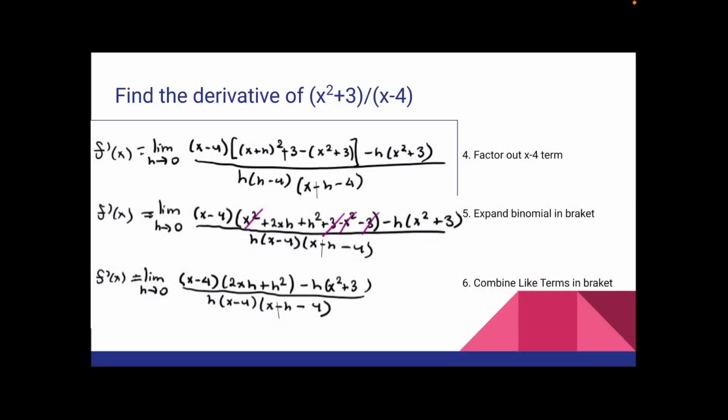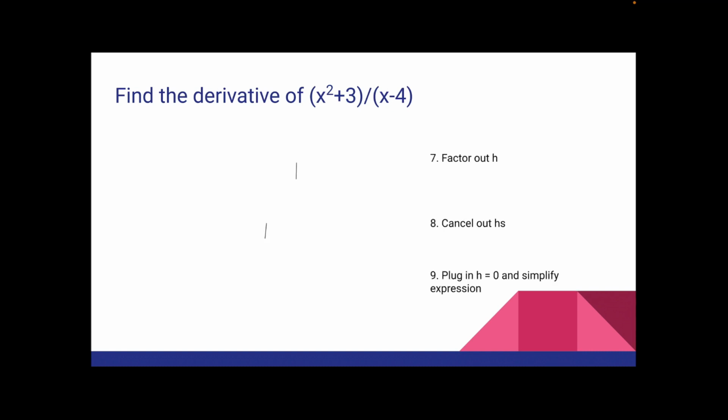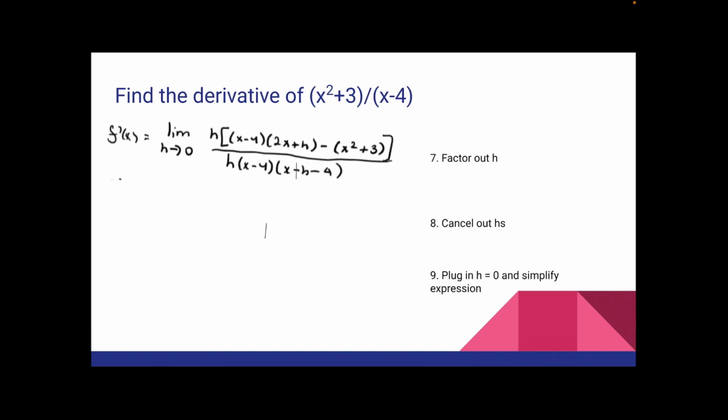Now notice how all the terms in the numerator have an h. In the left portion of the numerator, both the 2xh and h squared terms have an h which we could factor out, while for the right side of the numerator, the h multiplies x squared plus 3. We could therefore pull out the h from both sides of the numerator as shown. The 2xh plus h squared becomes 2x plus h, and on the right side of the numerator, we're left with x squared plus 3.